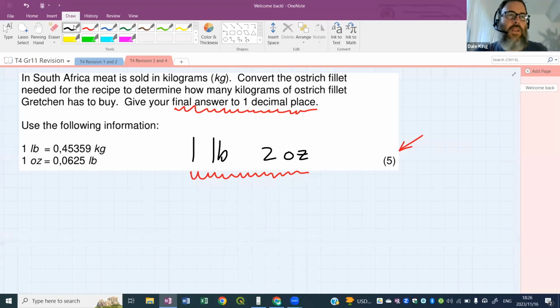Is there anybody that can help with this? Where do we begin? What do we do? All right. Dina, just check your screen there.